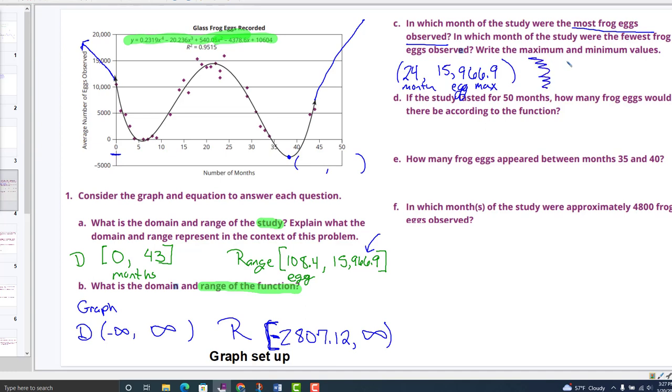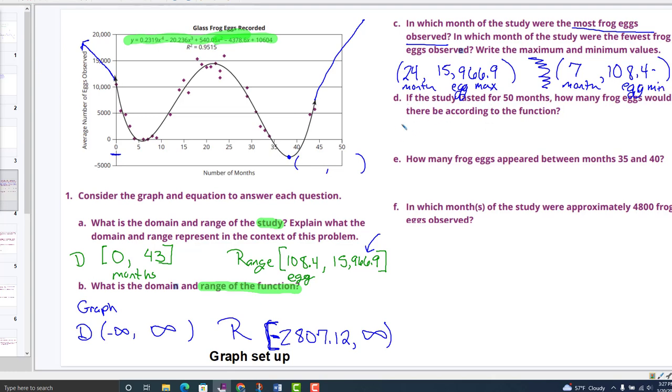When were the fewest number of eggs observed? In the 7th month. And we only observed 108.4 eggs. And that would be your minimum.